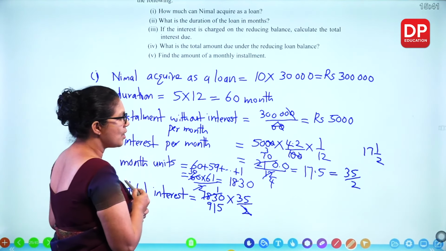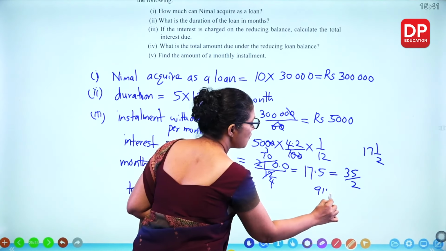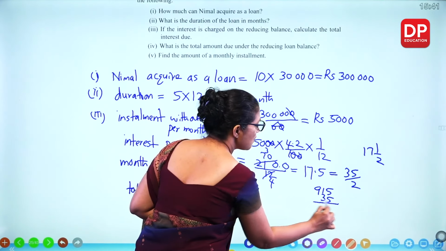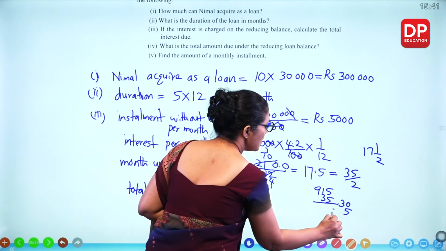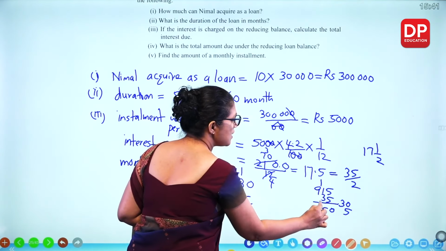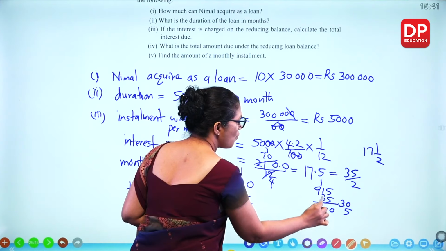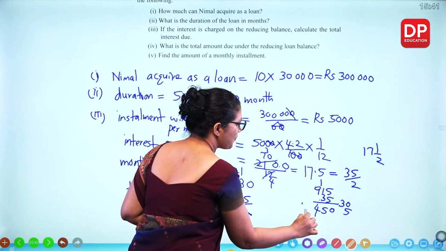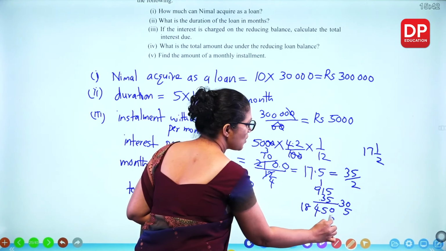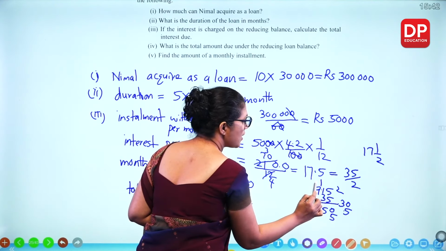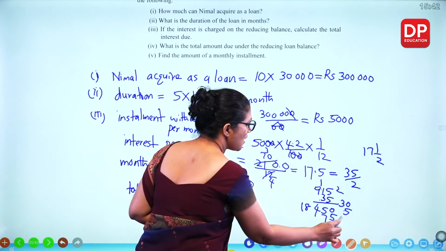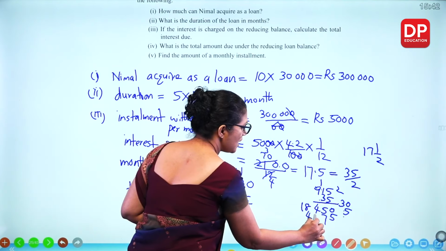915 into 35. 30 and 5. 3 times 5, 15. 3 times 1, 3 plus 1, 4. 3 times 9, 18. 5 times 5, 25. 5 times 1, 5 plus 2, 7. 5 times 9, 45.